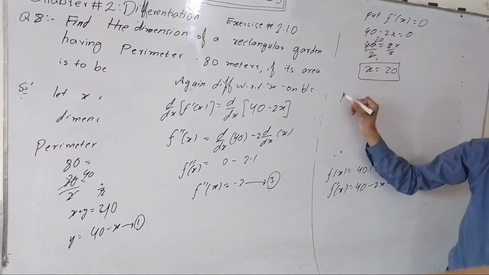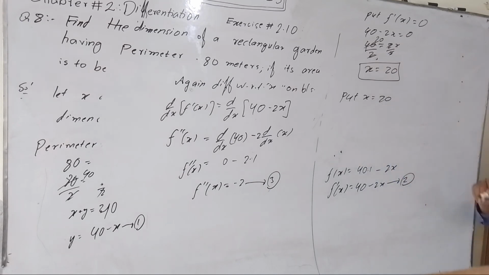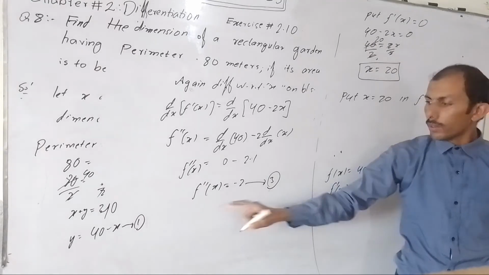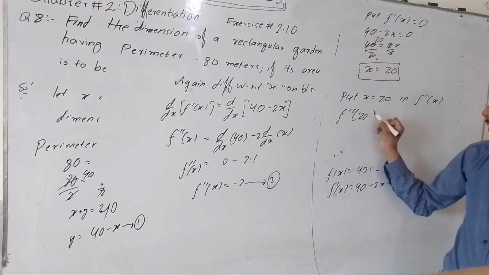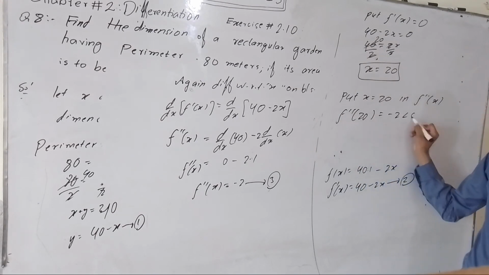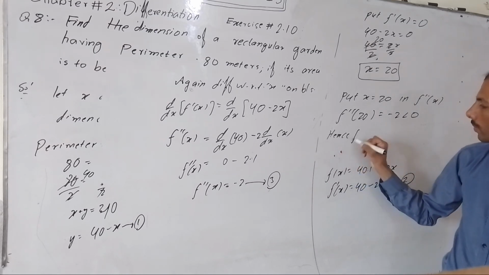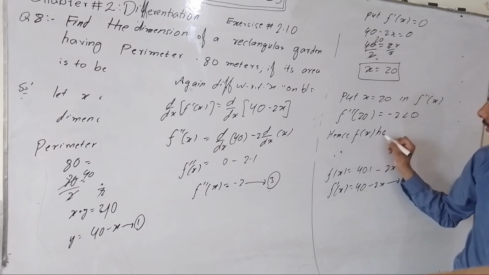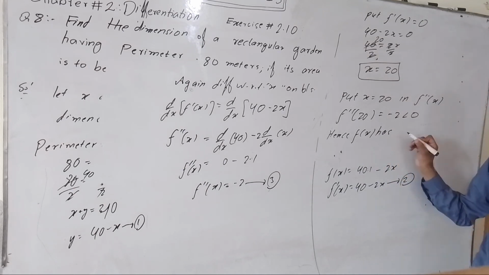Next put x is equal to 20 in f double prime of x. So equation third becomes f double prime of 20 is equal to minus 2, less than 0. Hence f of x has maximum value at x is equal to 20.